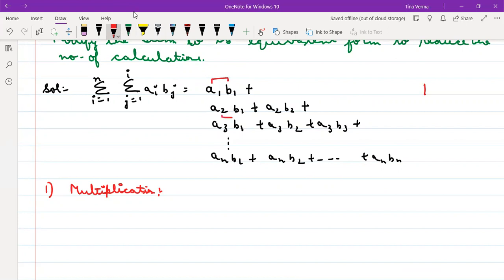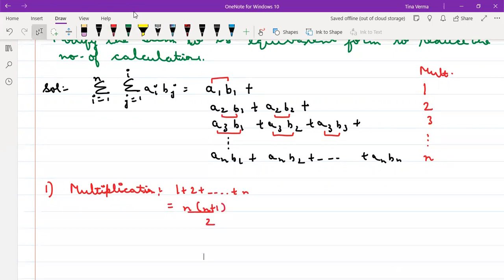In the second, a2 is multiplied with b1 and a2 is multiplied with b2, so you have multiplication two times. And here, one time, two times, three times. So this is your three times. If this continues, you will have n times. So if you total, do the addition, you will have n into n plus 1 by 2 multiplications.